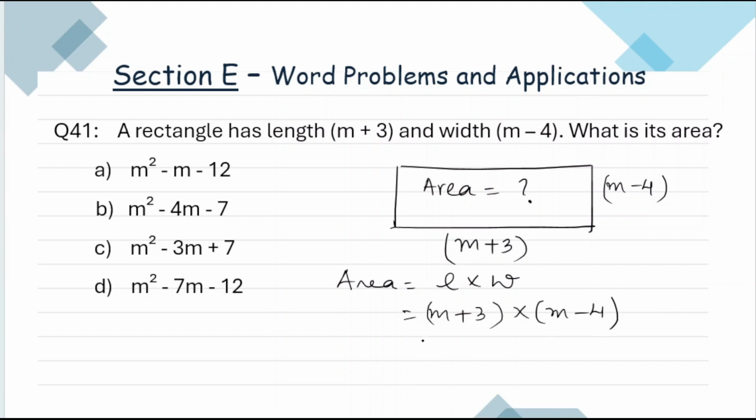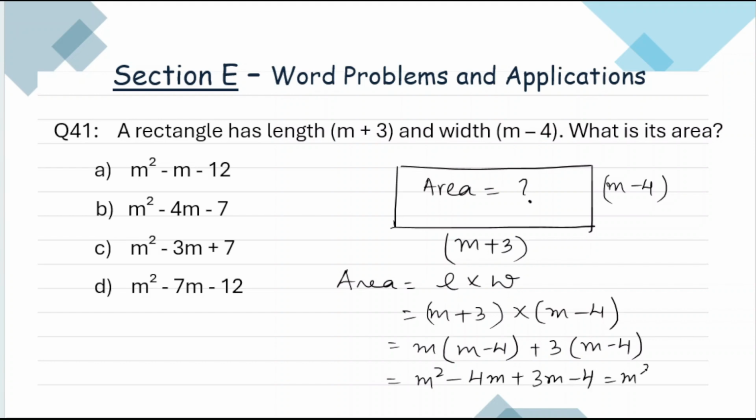And this is just a distributive property. So we would be multiplying m with the second bracket m minus 4, then plus 3 multiplied by the second bracket m minus 4. So it will give me m square minus 4m plus 3m minus 12, which is equal to m square.